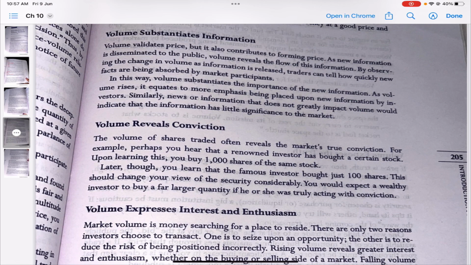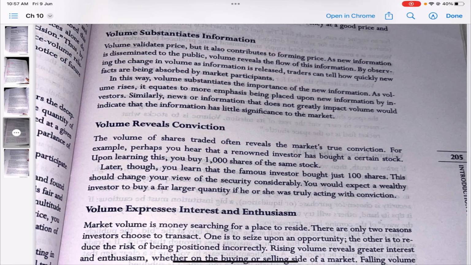Okay. Now we have volume substantiates information. What does that mean? Whenever new information comes in, the news, or anything else, all that is reflected in your volume. How is it reflected?